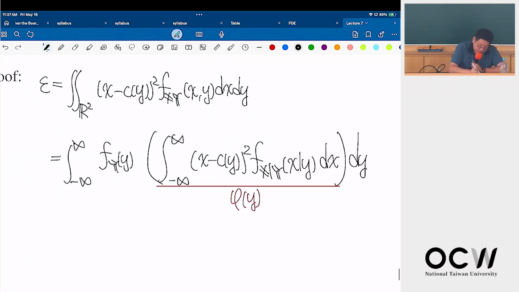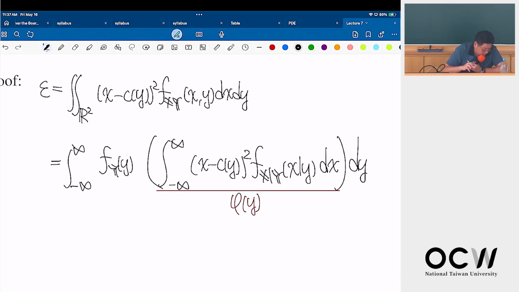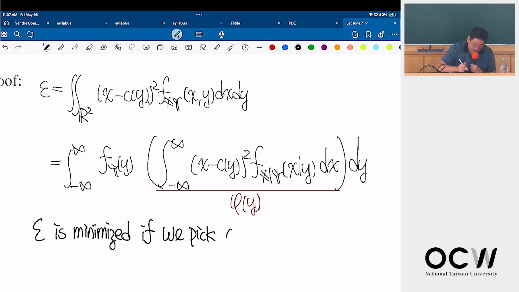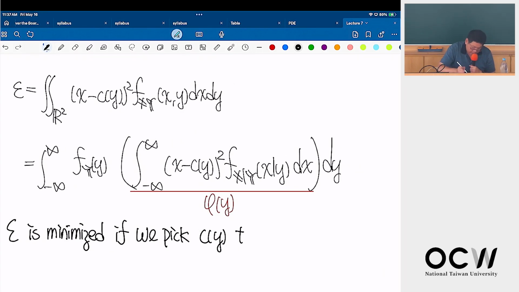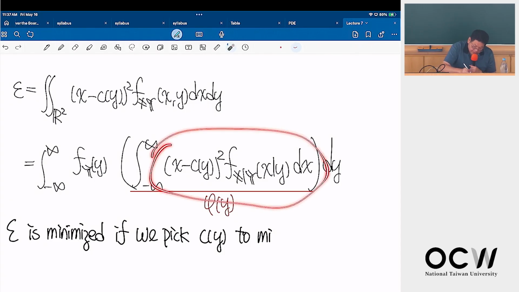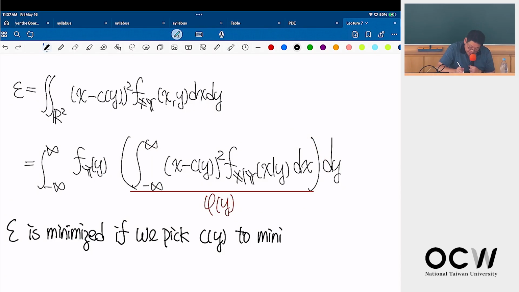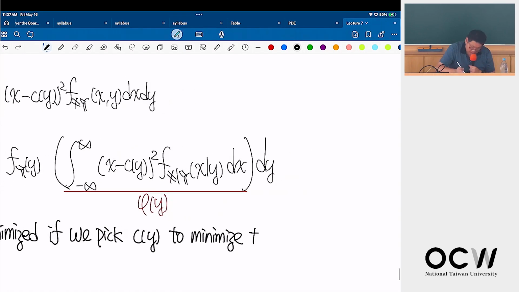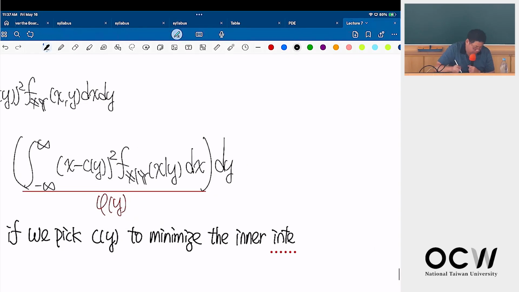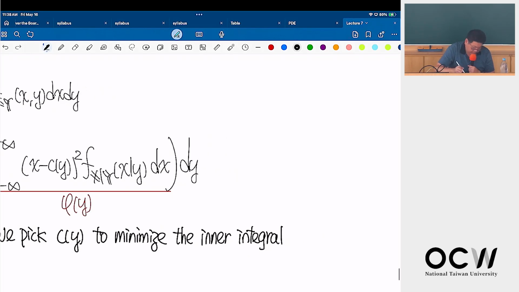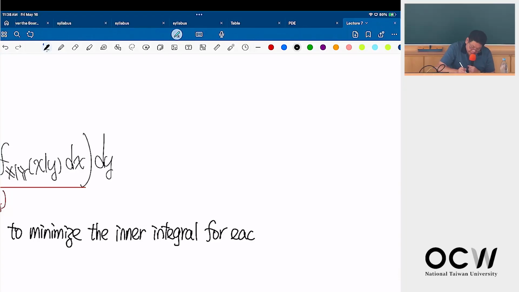If we want to minimize this error, it is minimized if we can pick the function c(y) to minimize, and we can only minimize this part: the inner integral, for each value of y.